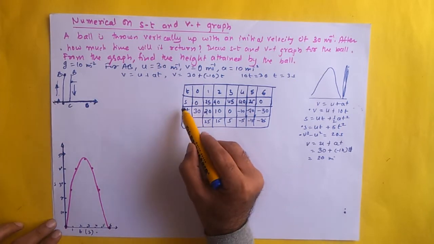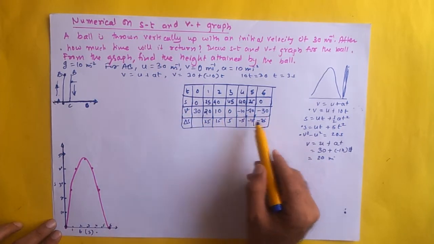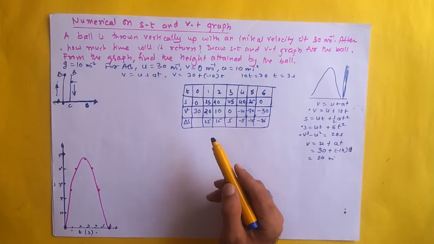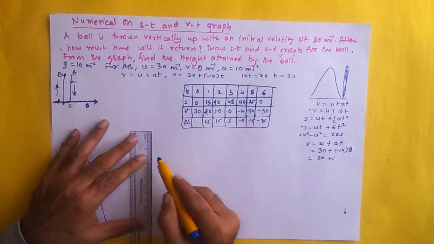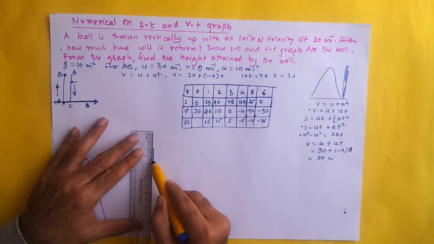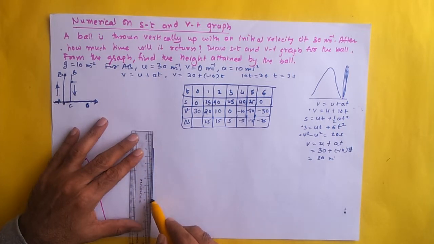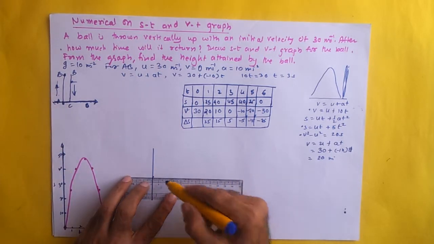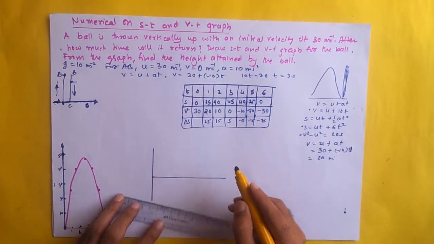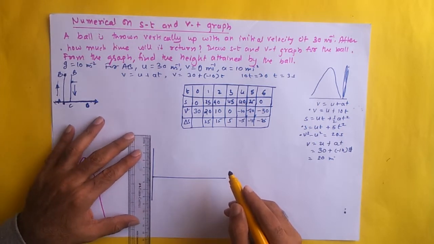Okay, our objective was to plot the VT graph. So let's now plot the VT graph. We'll take the velocity.